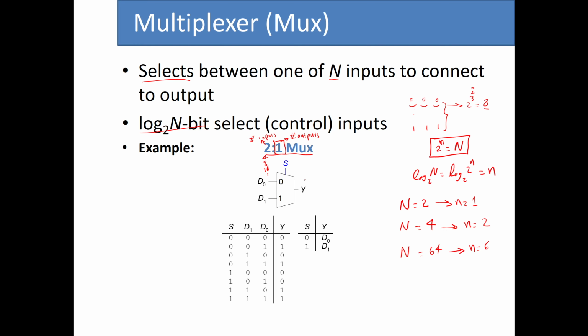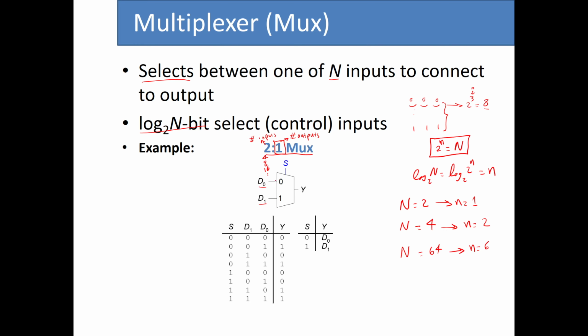This is the way that we show a multiplexer symbolically. So as you can see, for a 2 to 1 multiplexer, we have D0 and D1 as the 2 inputs. We draw the multiplexer as this trapezoid shape, and then we have the select input, the single select bit input that we need here coming from the top.